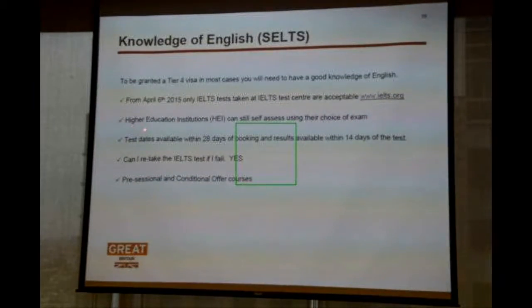Now, if you are going to a higher education institution, which they will be able to confirm and will be on the website if you're not sure, they can still self-assess. Okay, so if, for example, a university in the UK chooses to self-assess somebody's English ability, they can continue to use whatever exam they want.